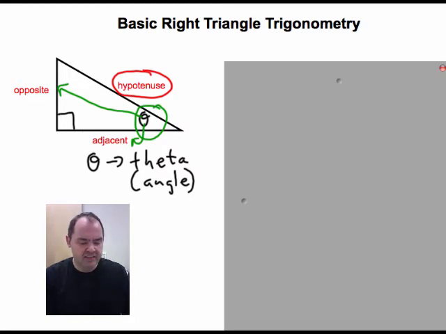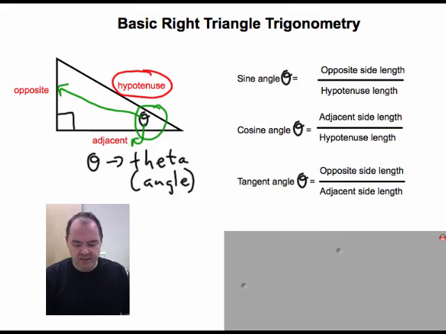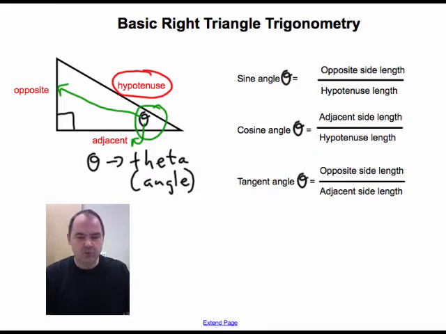So I stress that the opposite and the adjacent side are determined by the acute angle that I choose to look from. And then from there, I can choose to look at the ratio of various sides. And we have three particular ratios that we typically look at.